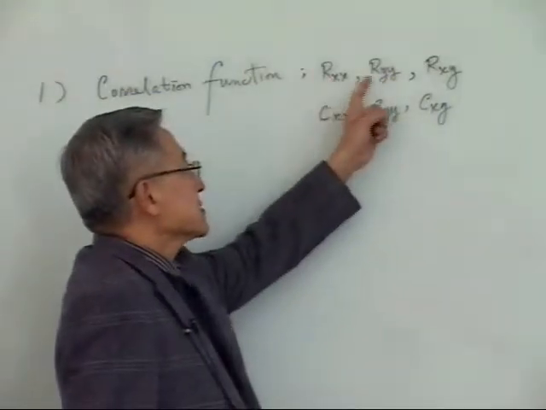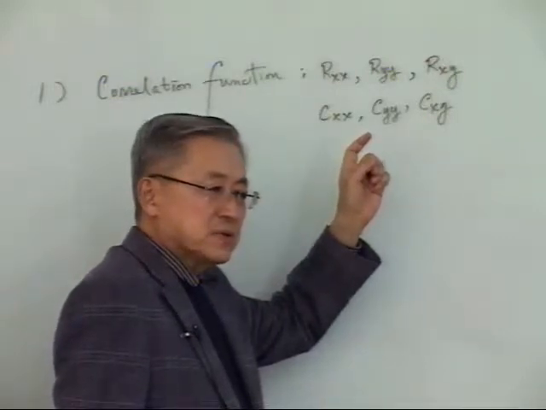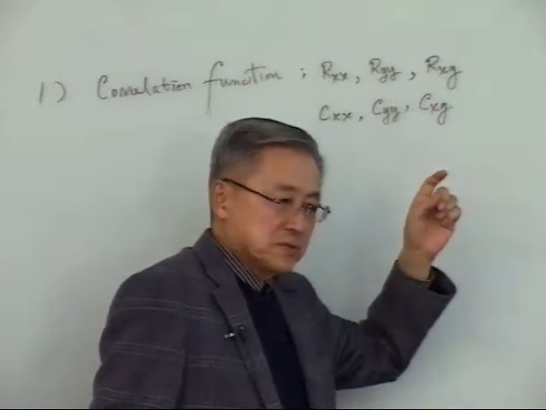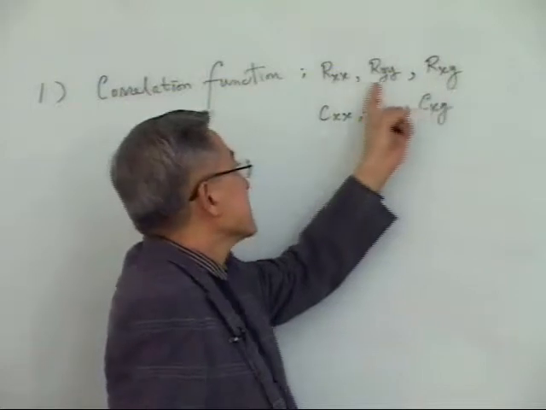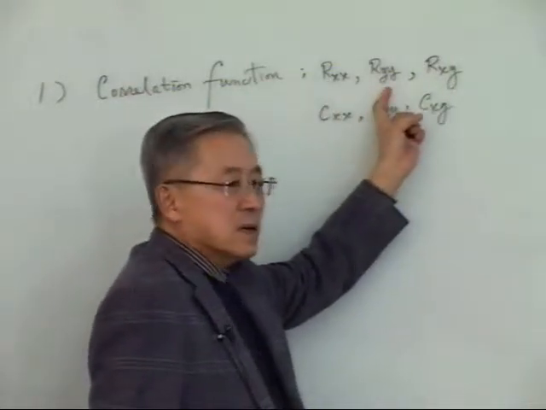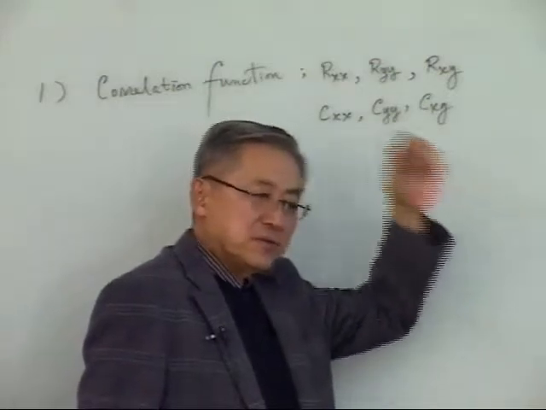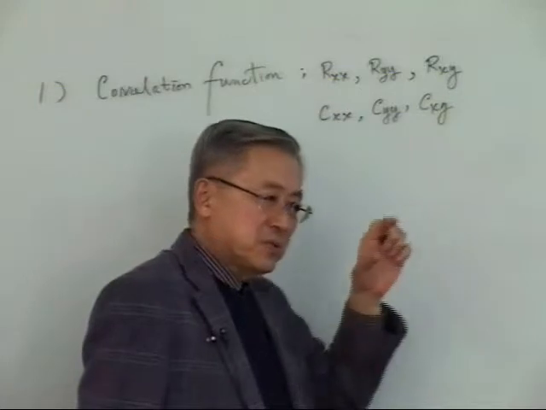XX and YY are the autocorrelation functions, and this is called the cross correlation. Cross correlation. This is autocorrelation.